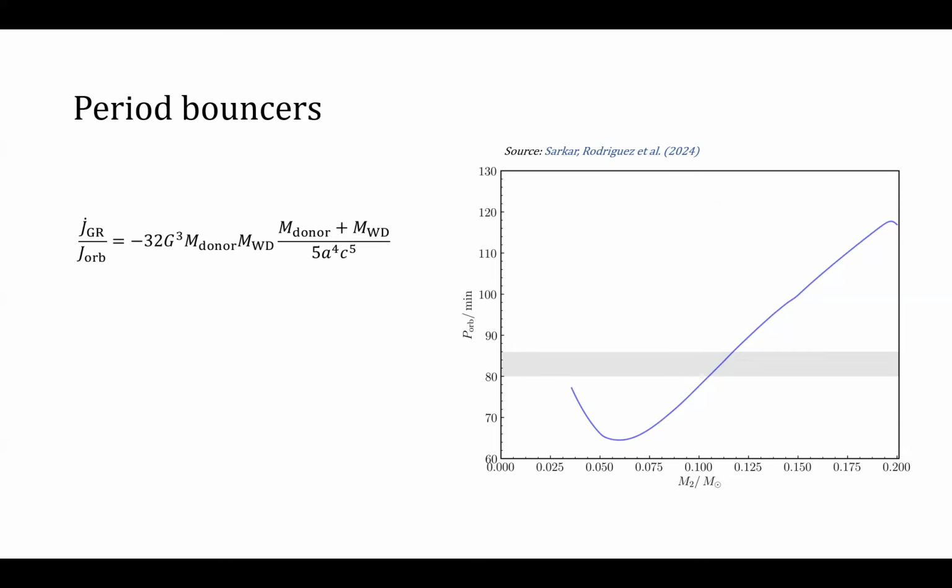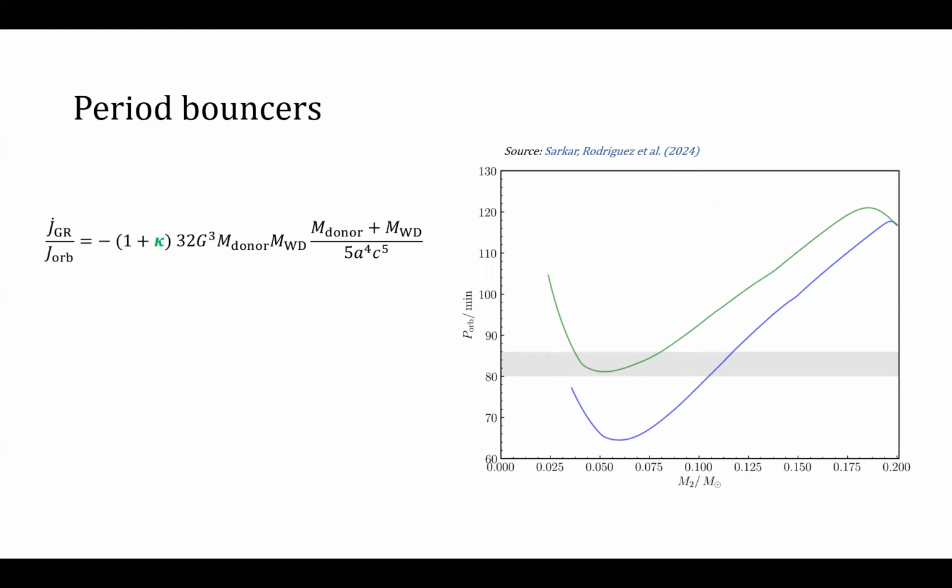In order to move this bounce from here to here, we can just add a factor, kappa. This factor is a constant, which was used by someone in 2011, and it was so popular that everyone uses this factor. If you use this factor, the bounce happens where we want it to happen. Observations suggest that there is a spike in the number of systems between 80 to 86 minutes, called the period minimum spike.